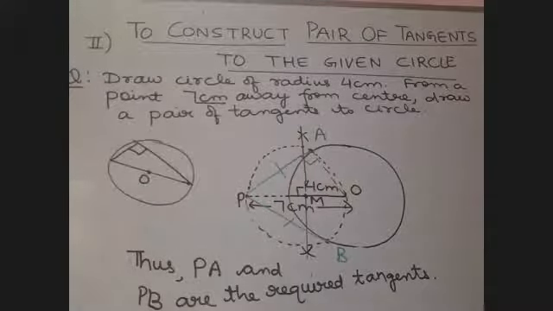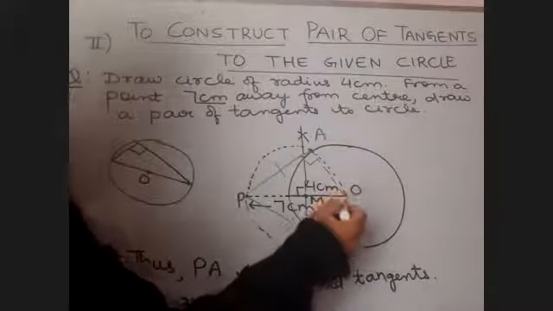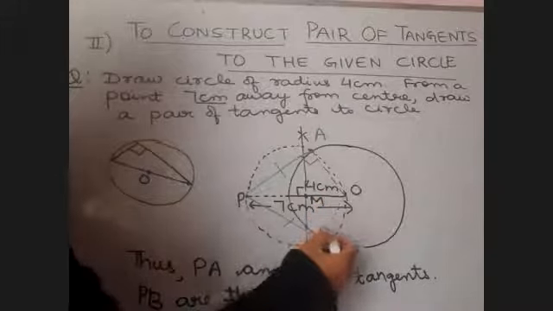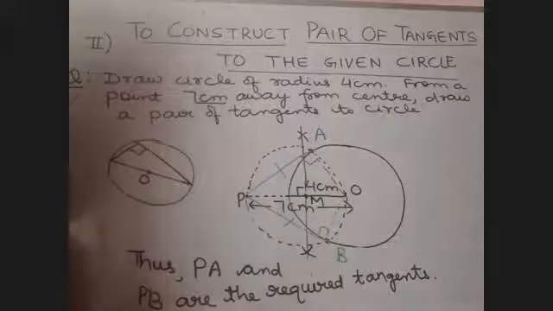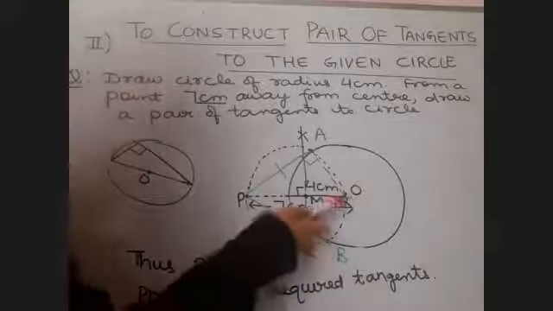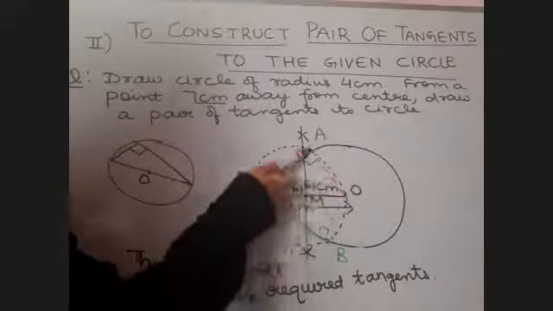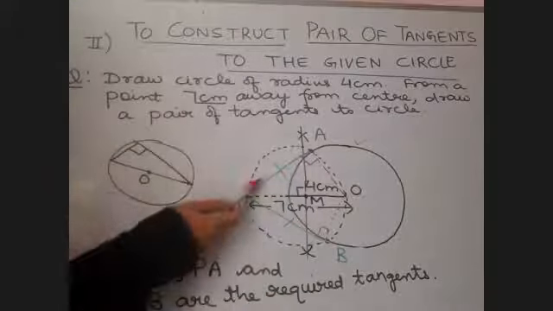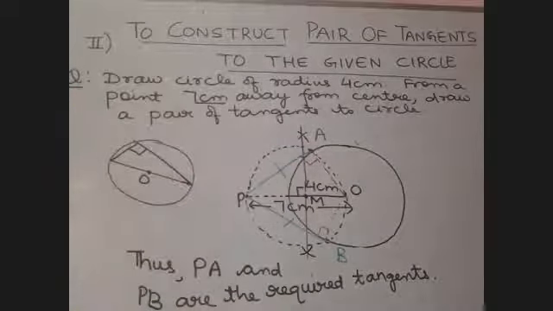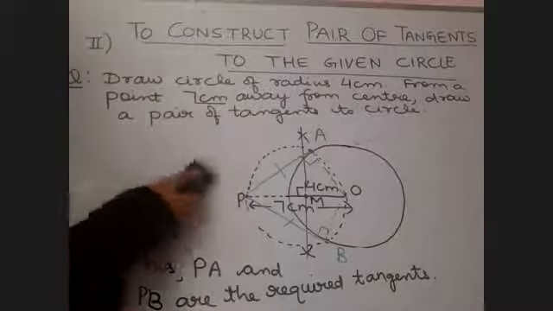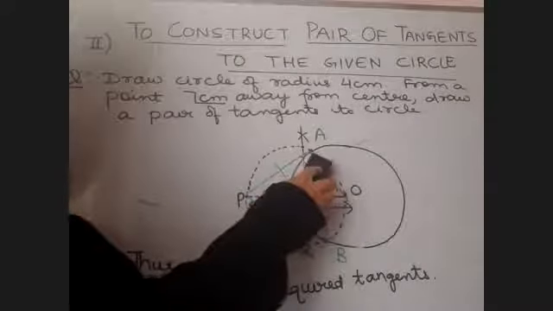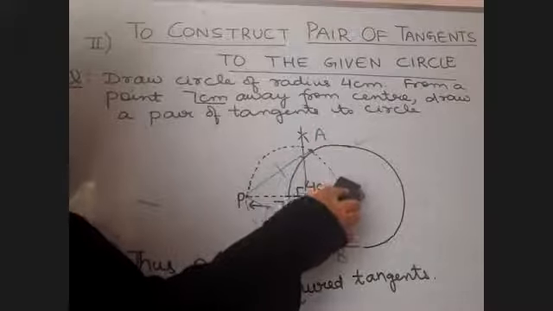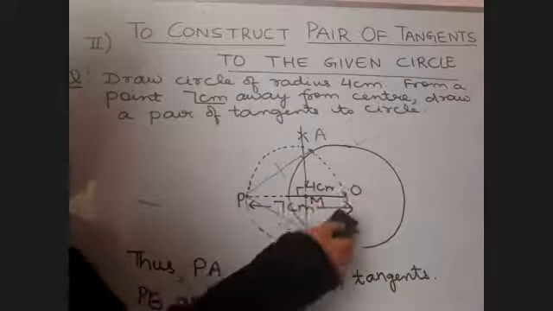And likewise, if I join OB, this will also be an angle in the semicircle, 90 degrees. So we can see OA, which is the radius of the bigger, original circle, is at a 90-degree angle with AP. And we know radius and tangent are perpendicular to each other at the point of contact. This is a simple justification of why this construction is correct.